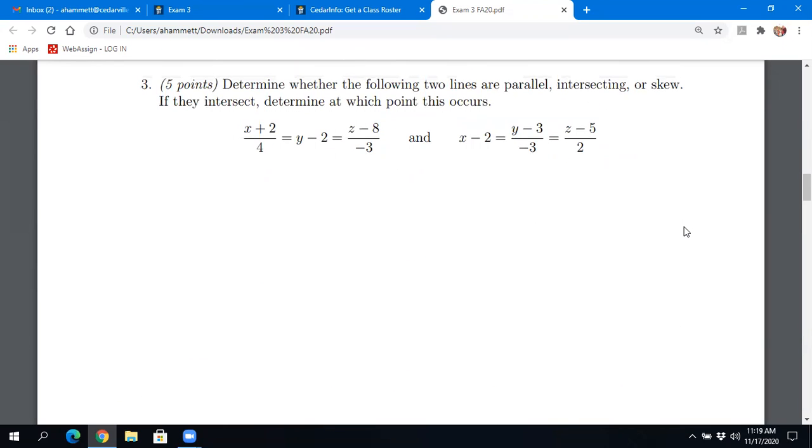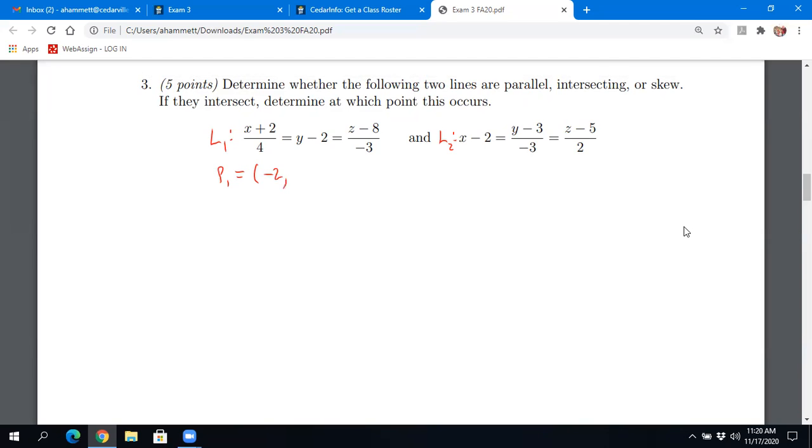Determine whether these two lines are parallel, intersecting, or skew. All right, well, let's give names to these lines, shall we? Let's call this one L1, and let's call this line right here L2. So a point on L1 would be P1 equal to, the most obvious point is to just make everything 0.